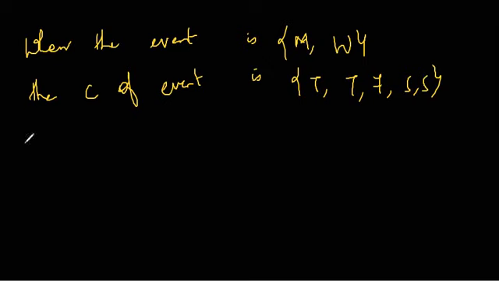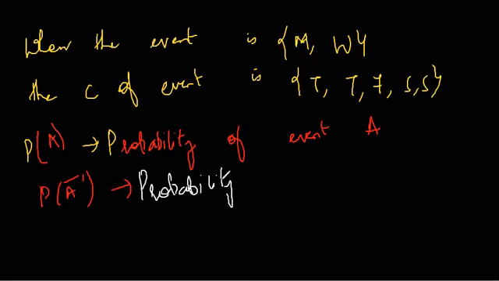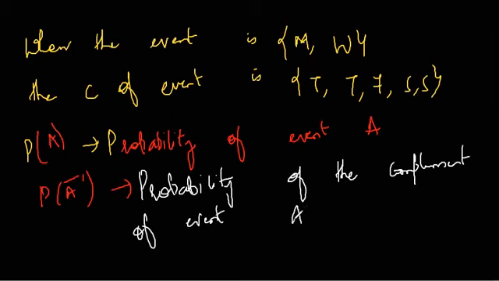Okay. So P of E is the probability of event E, or P of A if you want to take. P of A is the probability of event A. Then P of A bar, or A dash or A bar, any one of them, is the probability of the complement of event A. Okay.